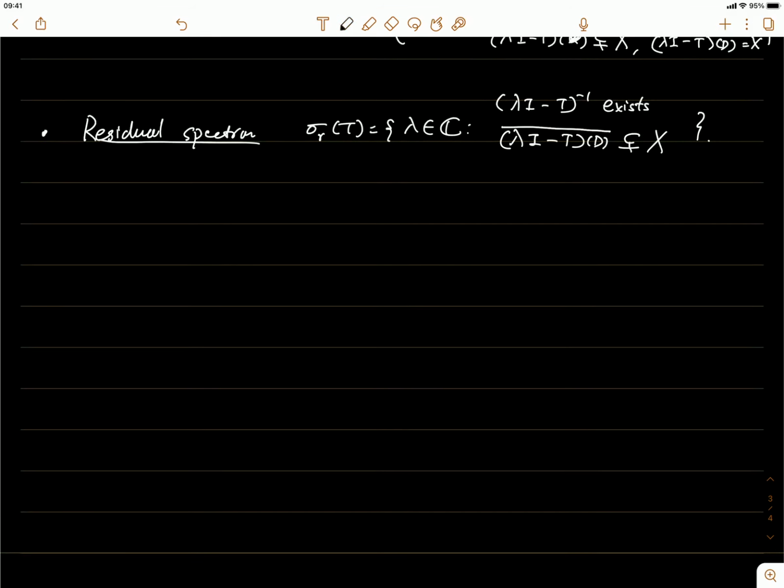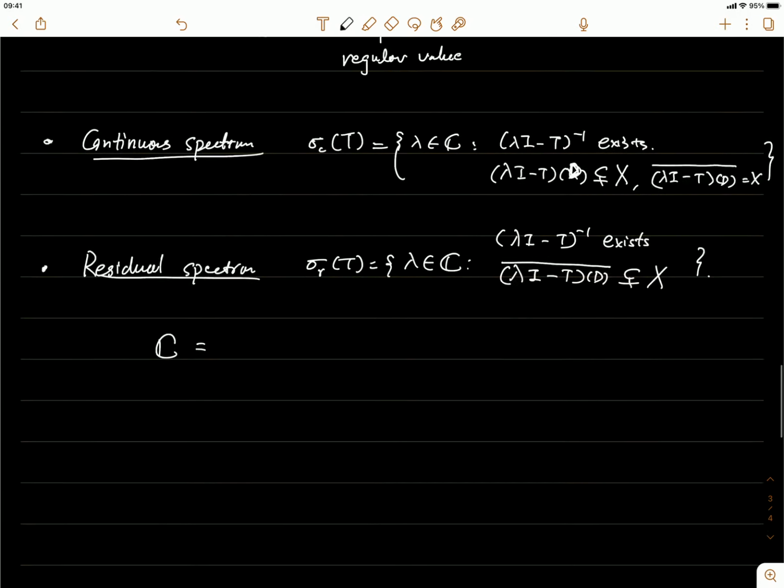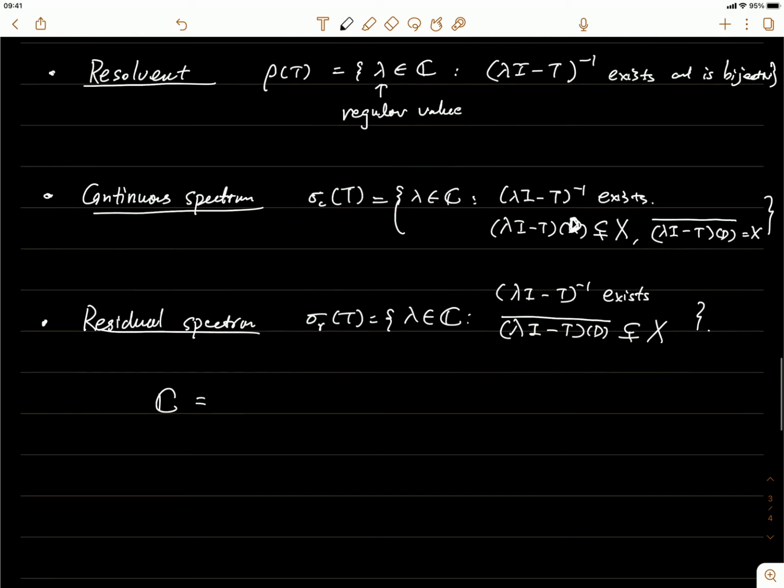So now you can see that the whole complex plane can be decomposed into the disjoint union of the four cases above. Rho of T, remember, is called the resolvent, and then you have sigma p of T, a collection of eigenvalues.